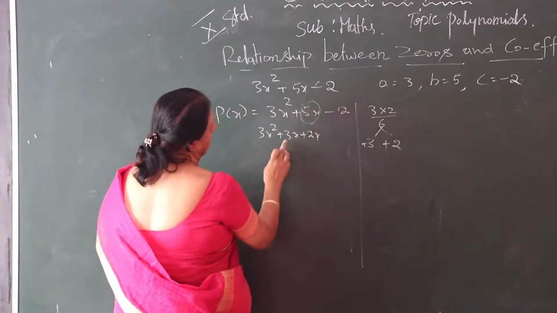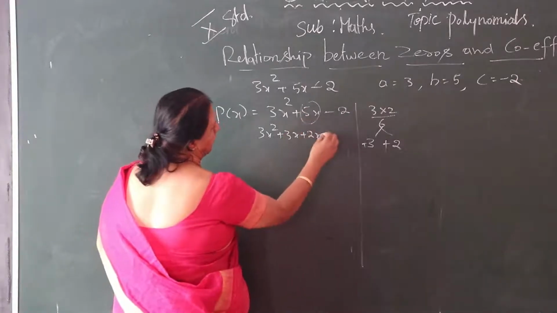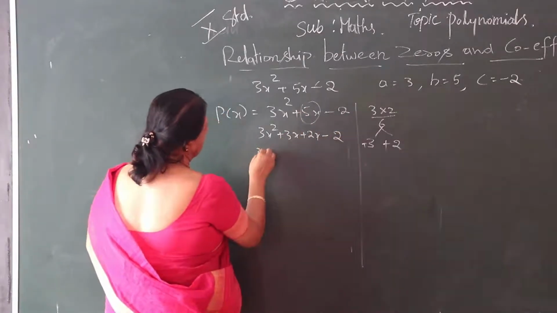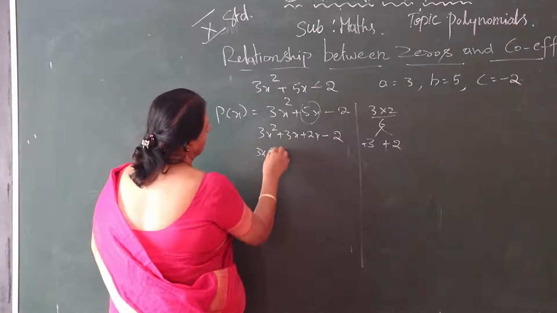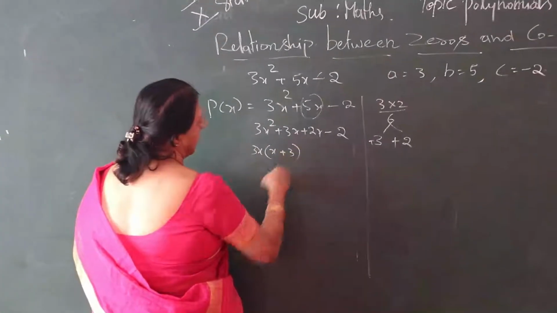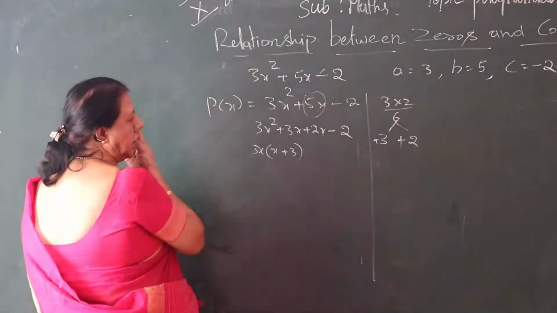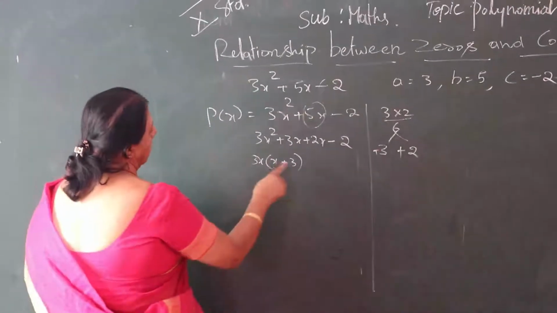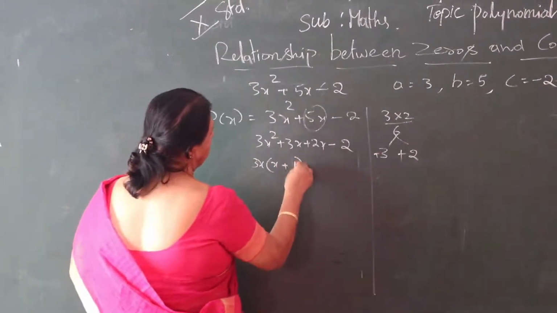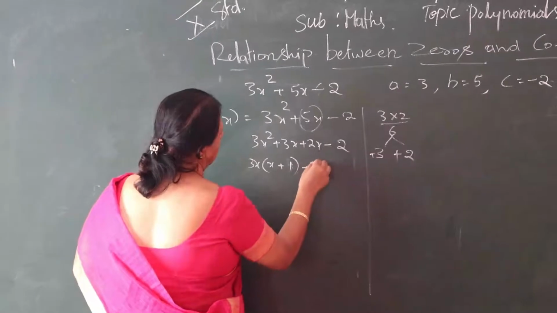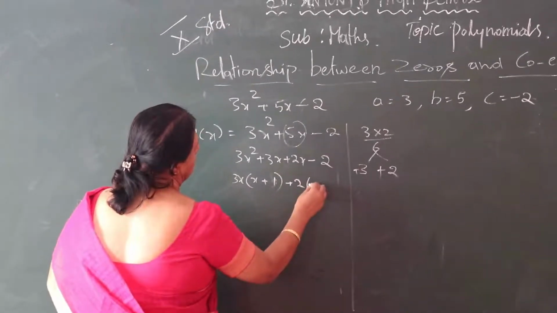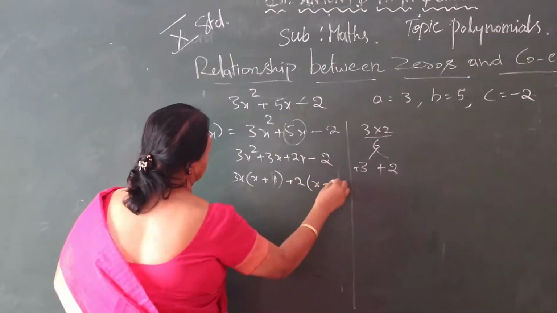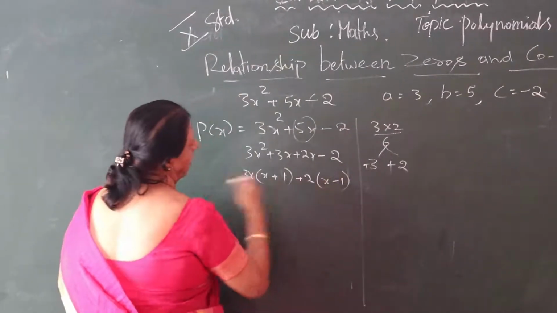You are getting this one, 3x plus 2x, so 5x minus 2. Common factor 3x of x plus 1, and 2 you are getting x minus 1. See, you are not getting.